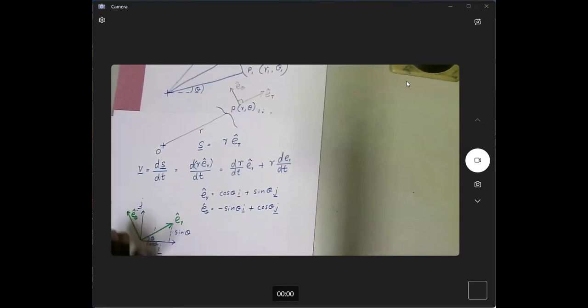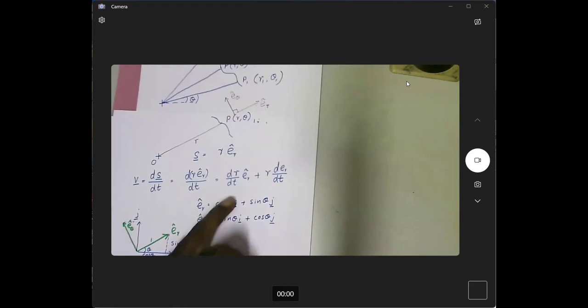Just see the angles and take the components in i and j directions. Any difficulties on how we get these two values?